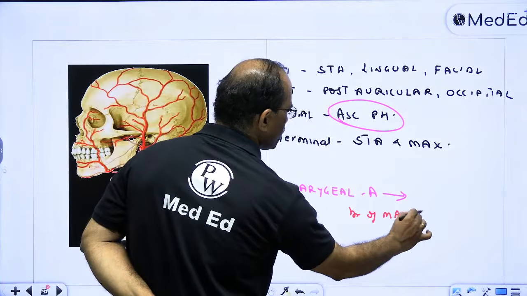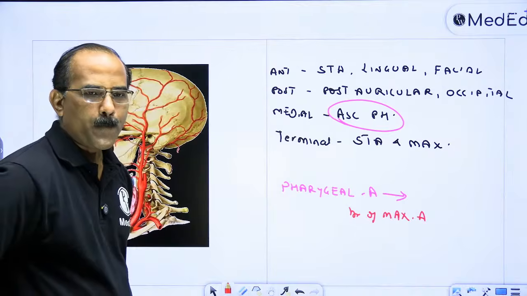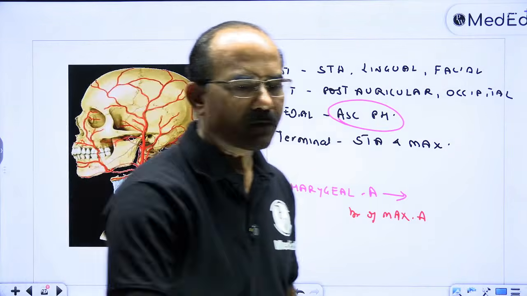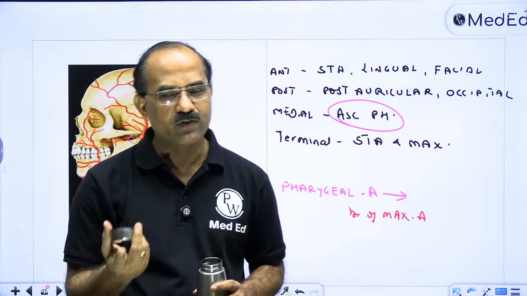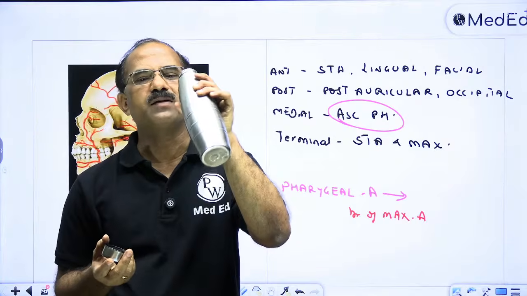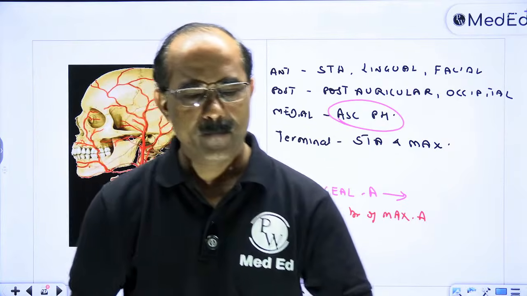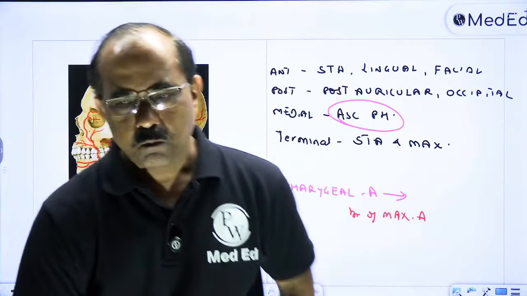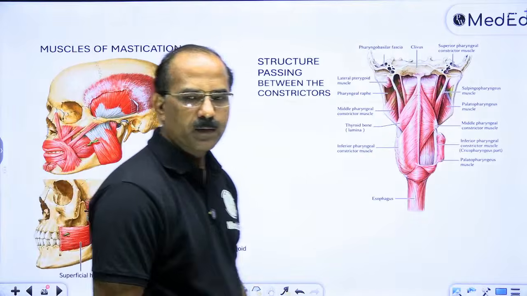Remember that. Ascending pharyngeal is a branch of external carotid, and pharyngeal artery is a branch of maxillary. Okay. Coming to this.